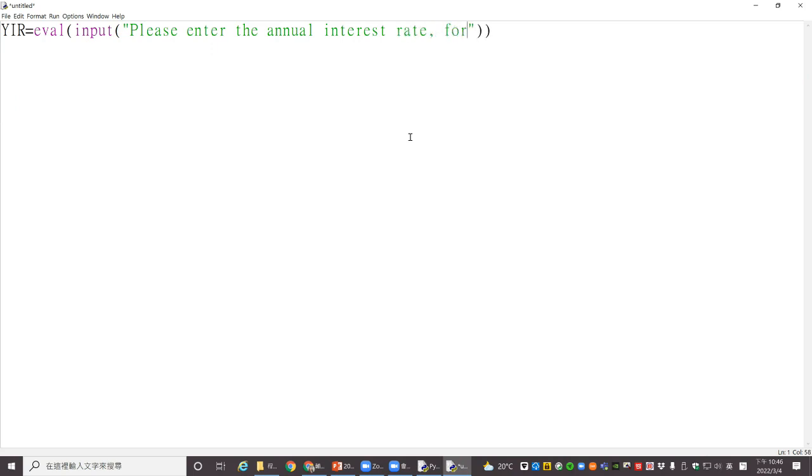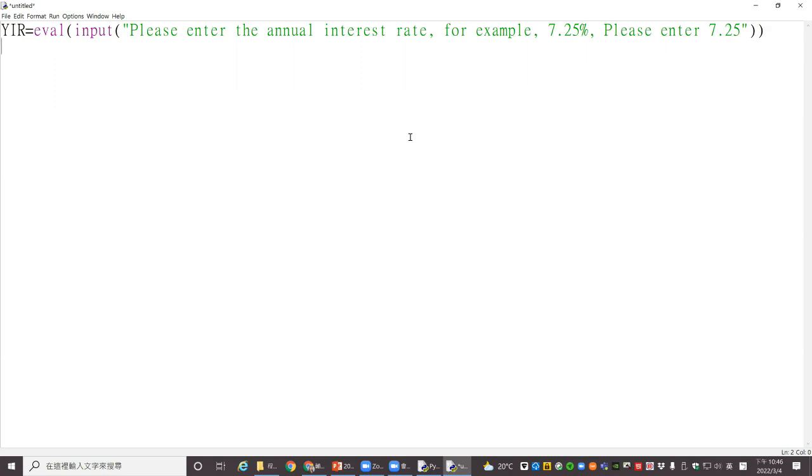For example, if the interest rate is 7.25%, just please enter it just like this. Okay, it's clear.